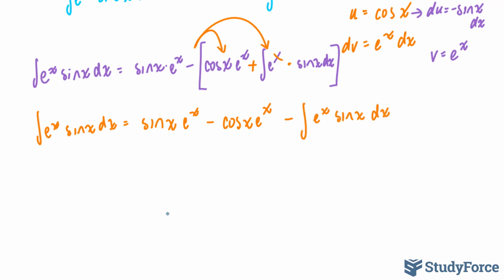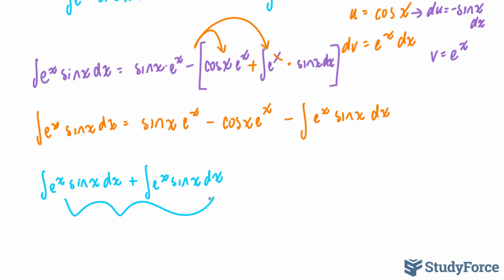Let me show you what I mean. So the integral of e to the power of x sine x dx, this becomes positive, e to the power of x sine x dx. So therefore these two become 2 times the integral of e to the power of x sine x dx.